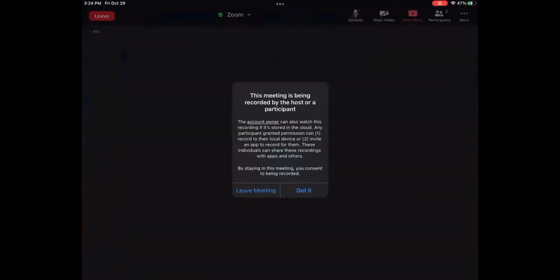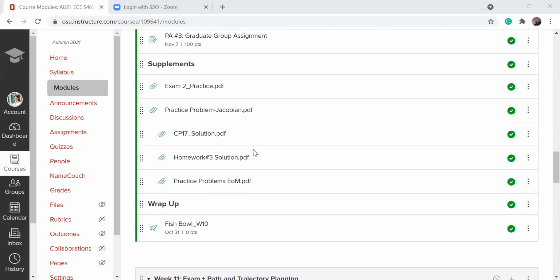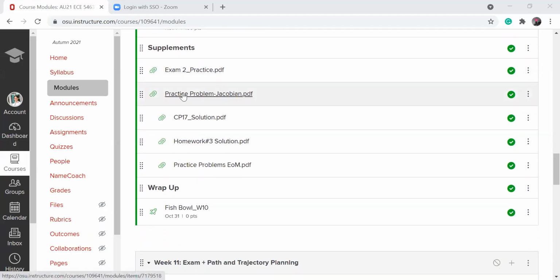That being said, I'm going to stop sharing this one. I was a little busy doing all of this, so I posted the practice problem for Jacobian.